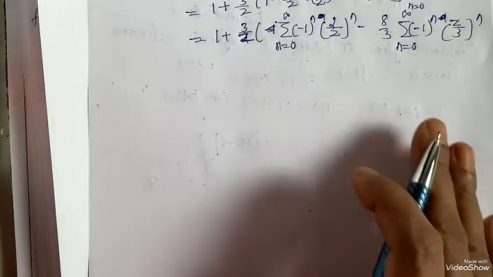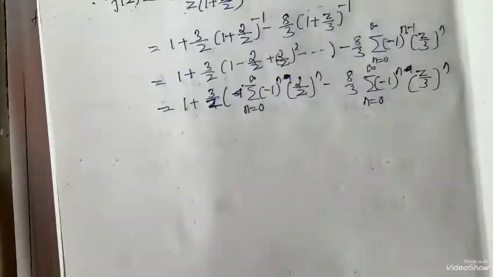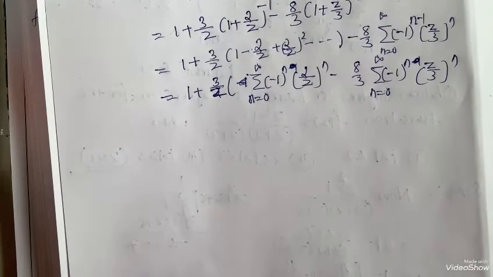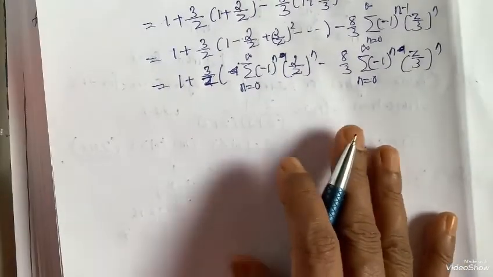If it is minus 1 raised to plus 1, then minus 1 plus 1 minus 1 comes, so you have to write minus 1 raised to n, otherwise n plus 1.